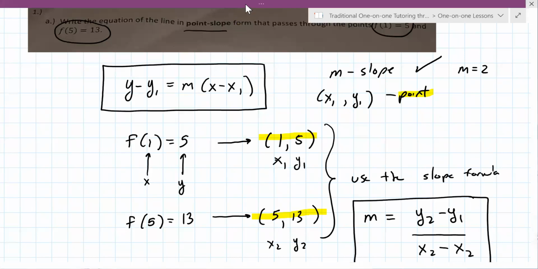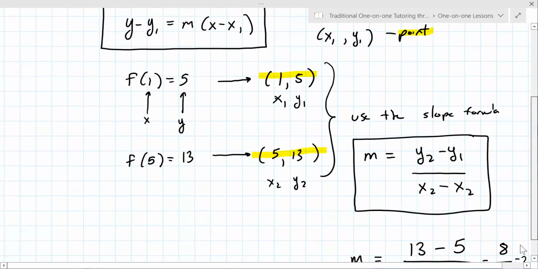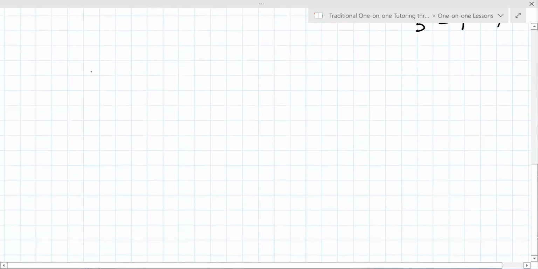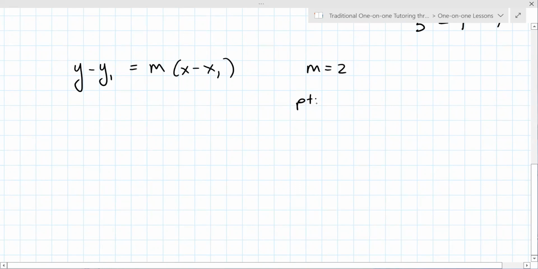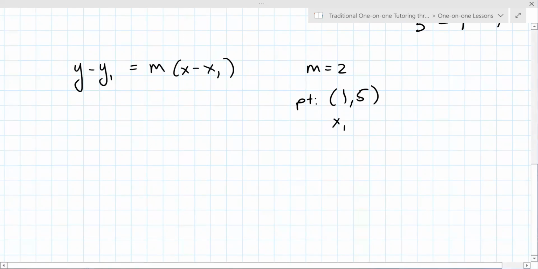It doesn't really matter. So I'm going to pick the first one, but I'm going to just reset this problem. As you know, I write big here, but this is the point slope form of the line. You know the slope is 2, and the point we're going to use is 1 comma 5. Okay, so now it's just a substitution situation. x1 is 1, y1 is 5.